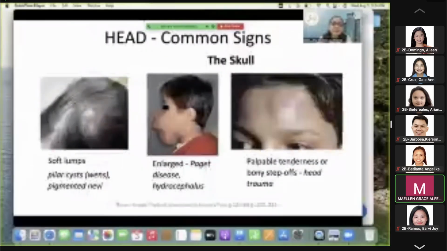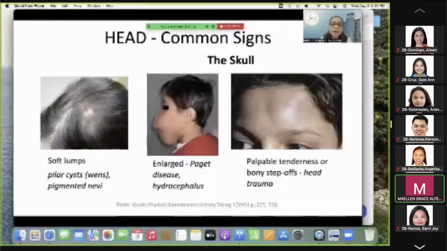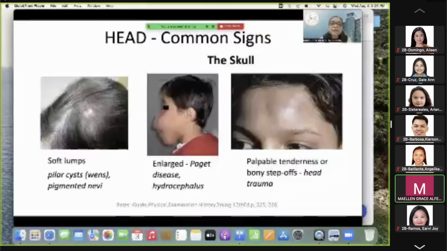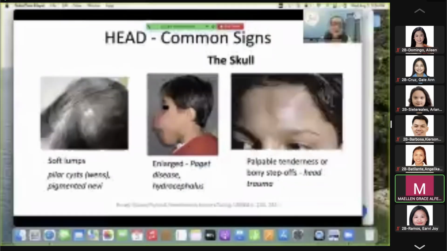Now, examination of the scalp can also reveal some soft lumps like this. This is a pilar cyst or wens, and sometimes there can be lumps that are pigmented, and you call this pigmented nevi.